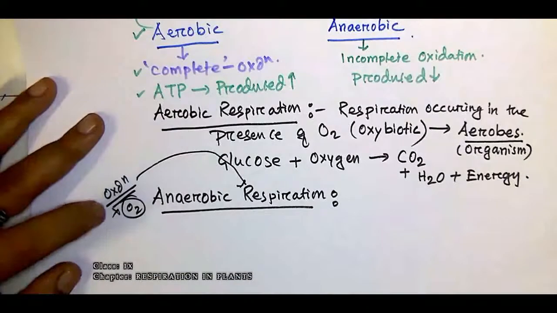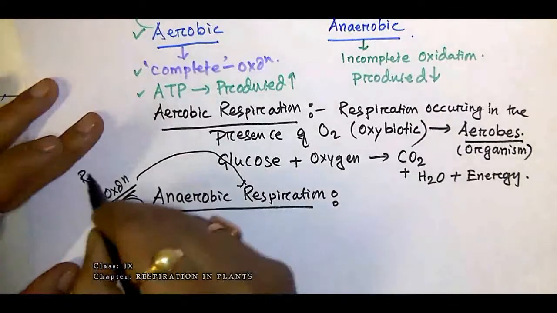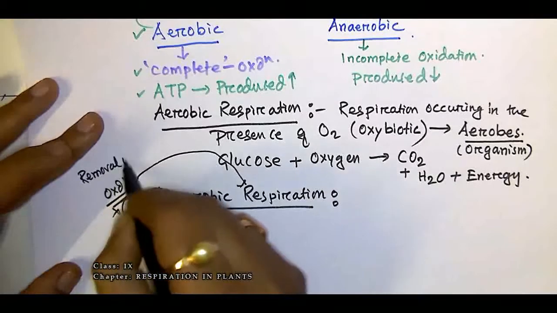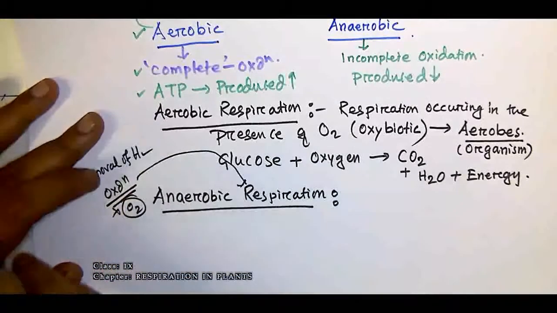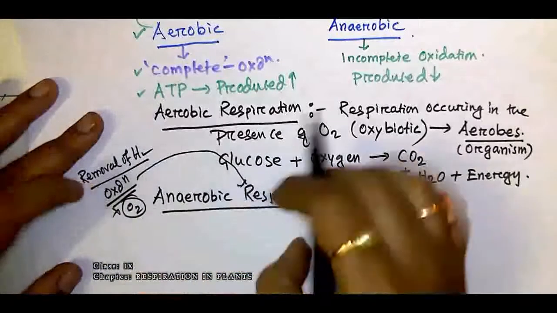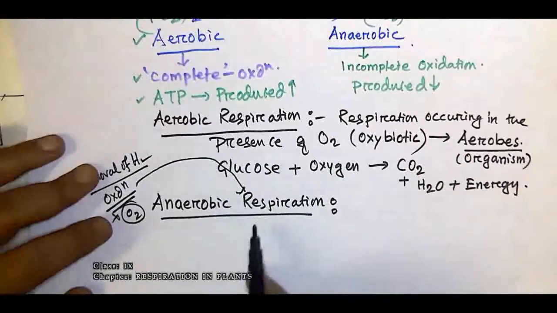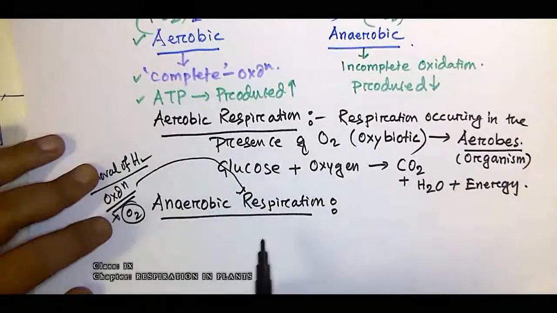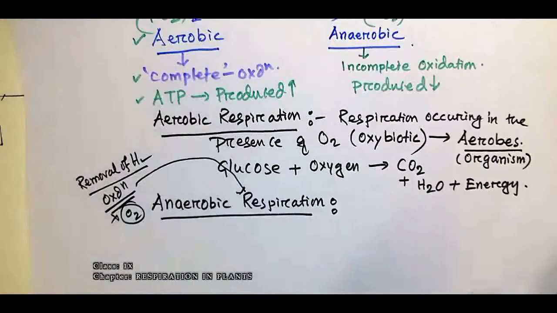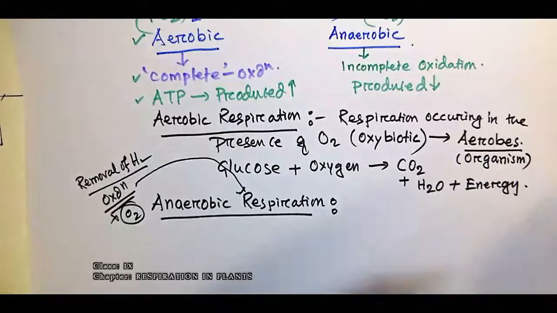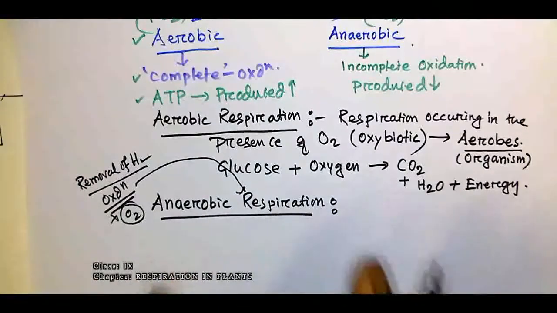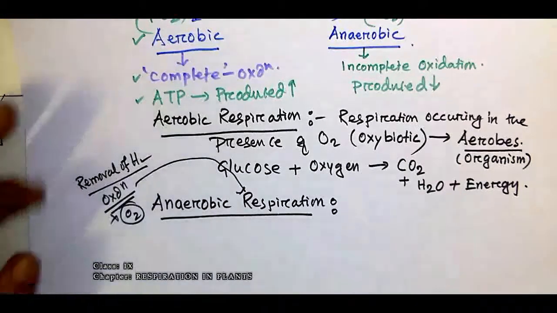So by what process is oxidation occurring here? The removal of hydrogen. So removal of hydrogen takes place here, and as a result we call this process an oxidative process as well. Please don't get confused about how we can consider this an oxidation if we are not adding oxygen. This is how we do it.